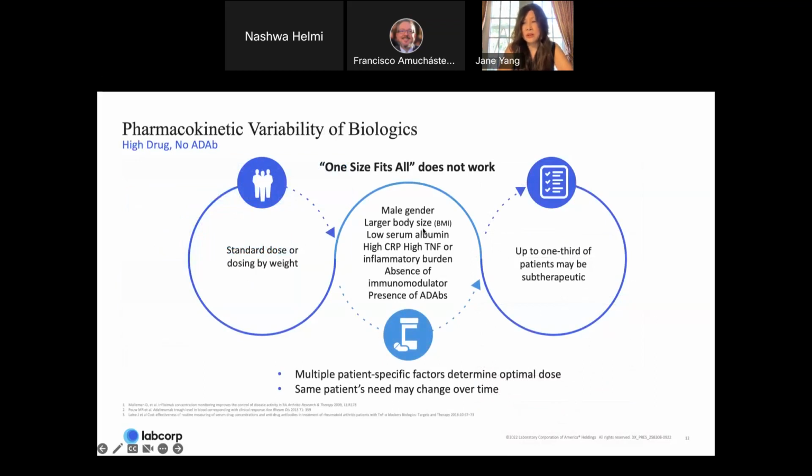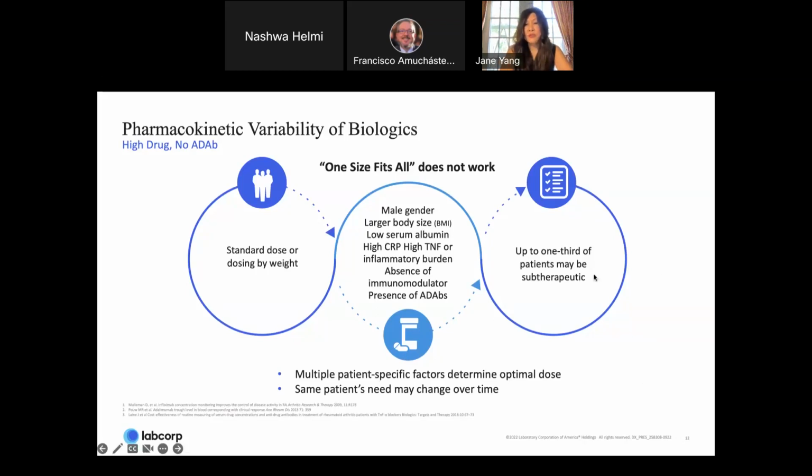Male gender, a lot of adipose tissue, low serum albumin, high disease burden, that patient is just going to need more drug to respond. Biologics exhibit tremendous pharmacokinetic variability, both inter-patient as well as intra-patient variability. That is, the same patient's dose requirements can change over time, when he is flaring versus when his disease is relatively quiescent.